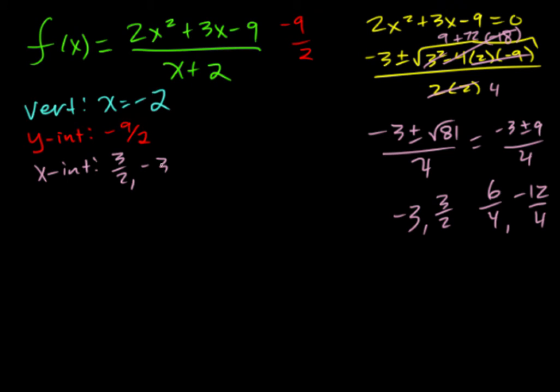Okay. And then C, find the oblique asymptote. So what we do, this is new, we haven't done this before. To find the oblique asymptote, we do polynomial long division, and the oblique asymptote is going to be the piece that is not the remainder. So we're going to do x plus 2.